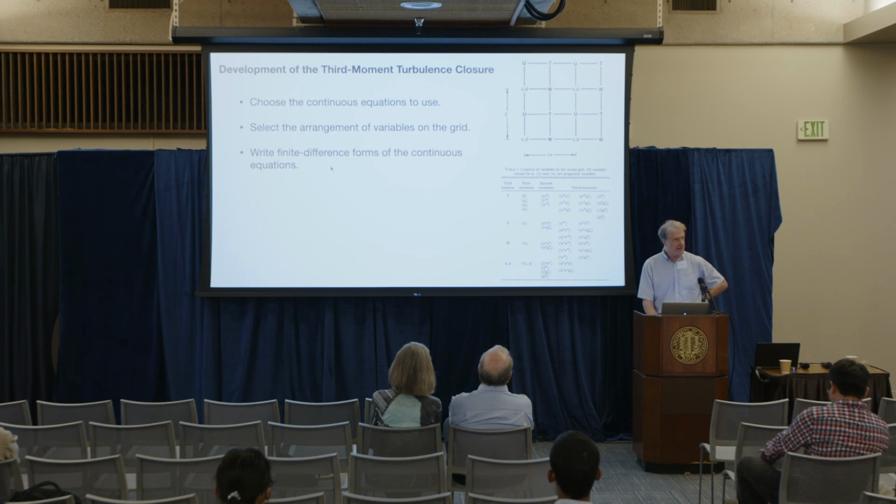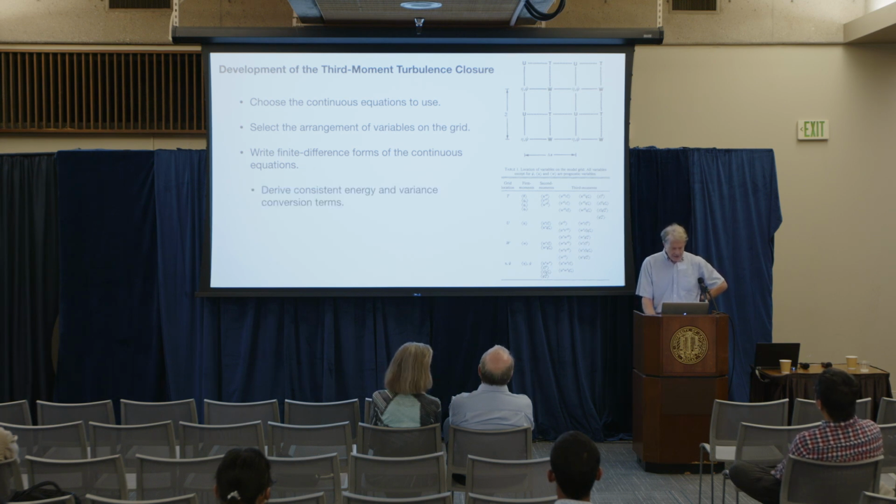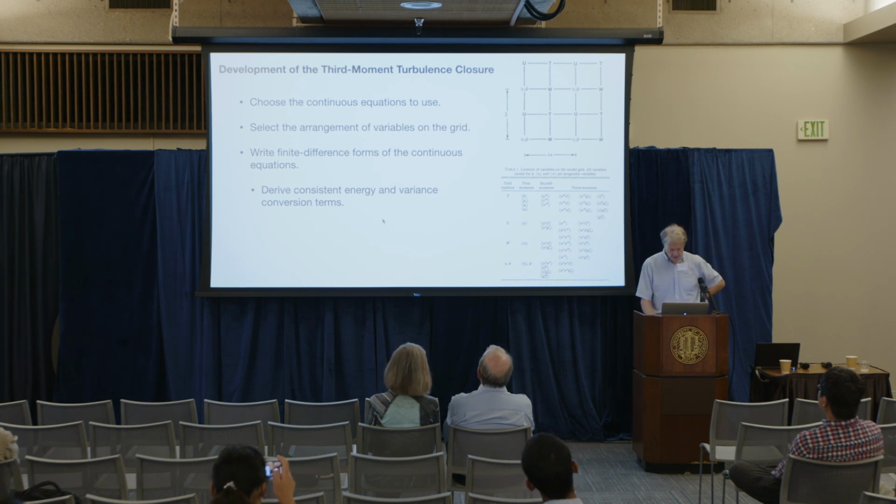Then, finite difference forms of the continuous equations. Takes a while for 35 equations. And these included, because my advisor was Akio, we had to obey, I agreed, the integral constraints, so we didn't falsely produce variance or energy by having different forms in the different equations, so these were consistent in the finite difference equations.